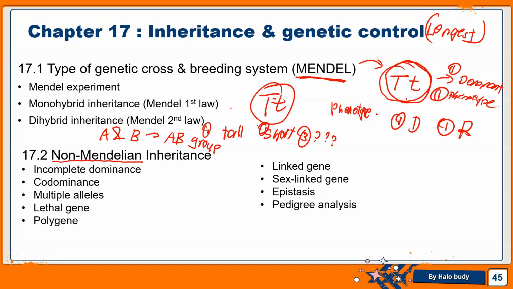Co-dominance, and also multiple alleles. One example is also the ABO blood group. Why? Because there are 3 alleles, right? In Mendel there are only 2 alleles, either capital T or small t. But in multiple alleles, there are more than 2 alleles, like the ABO blood group: A allele, B allele, and O allele.